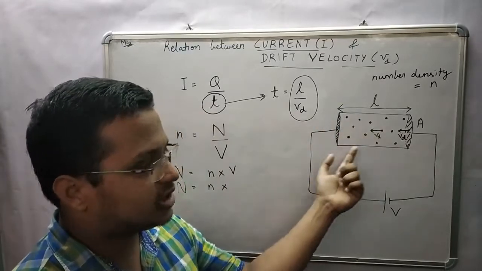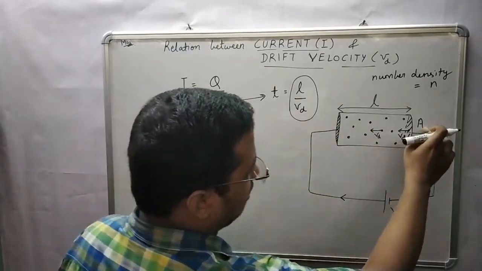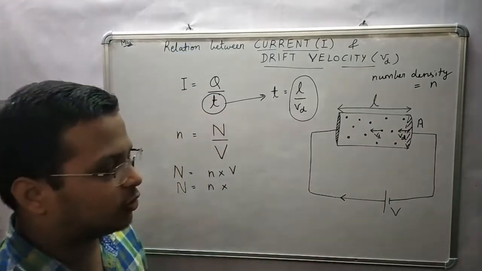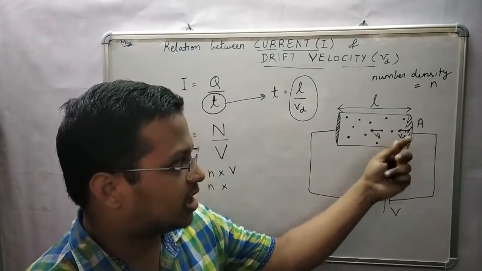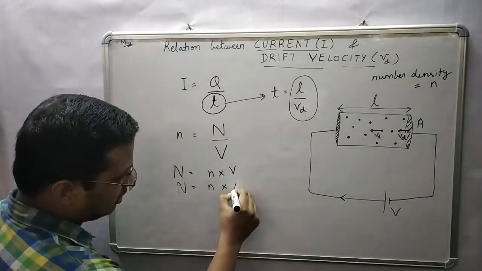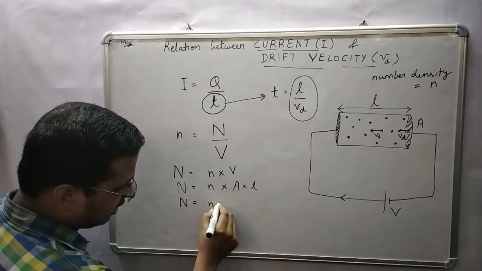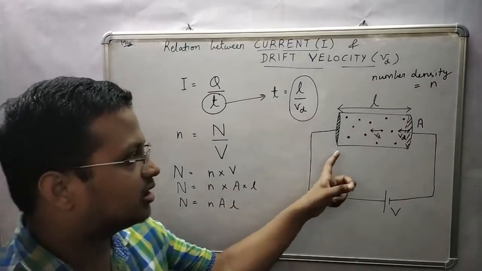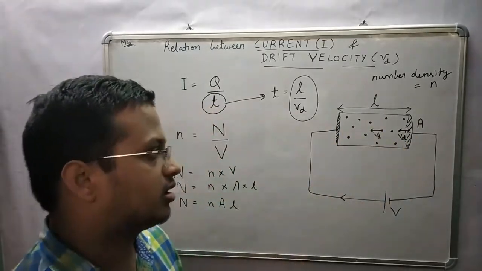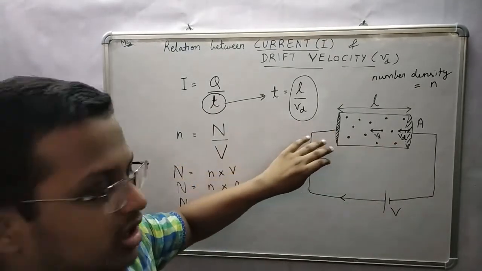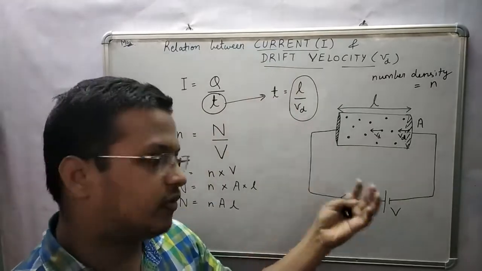What is the volume of this conductor? If the area of cross section is A and length is L, as you know, volume is cross-sectional area into height. So volume will be A into L. So this is the total number of free electrons present in this much volume of the conductor, and all these free electrons have to cross the conductor in our required amount of time.